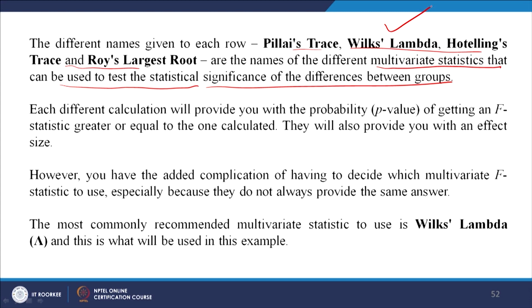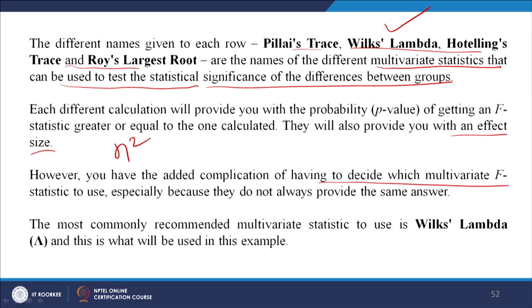Roy's largest root is also used, but it is highly sensitive to the normality assumption. Each different calculation will provide you the probability of getting an F statistic greater than or equal to the one calculated, that you want to compare with the calculated and the table value. It also provides you with an effect size, the eta square.